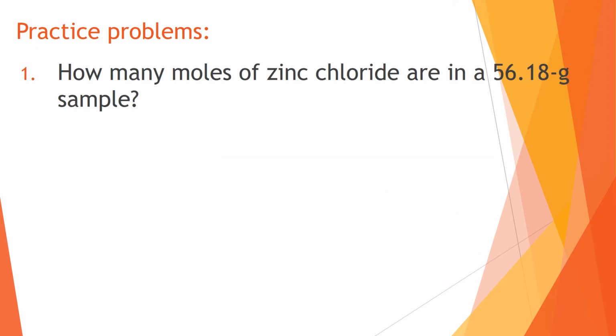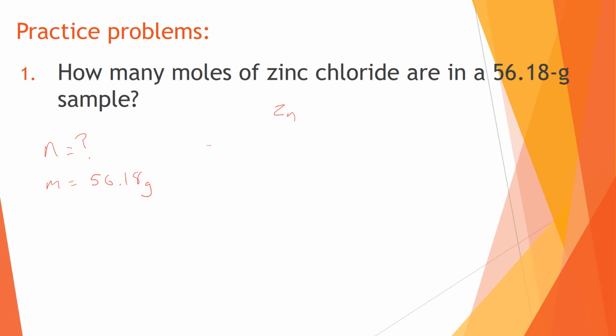Let's try another one. How many moles of zinc chloride are in a 56.18 gram sample? So again, how many moles? They're telling us the mass of the zinc chloride is 56.18 grams. Now, zinc chloride, I have to go in and figure this out.